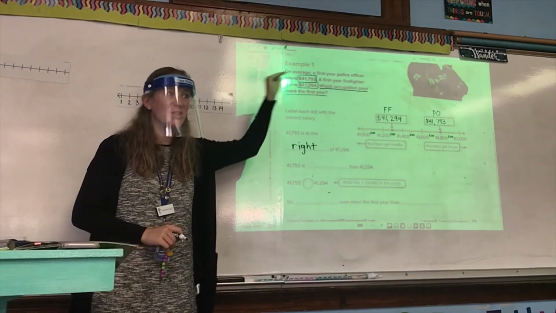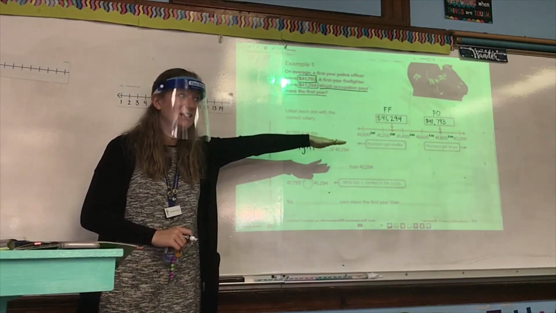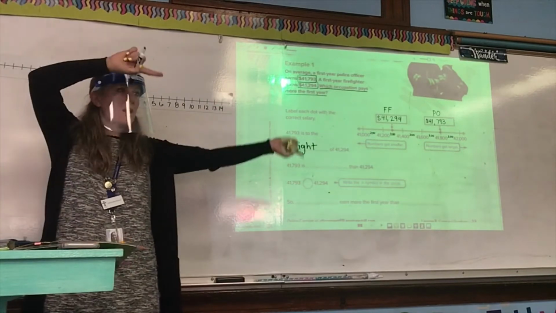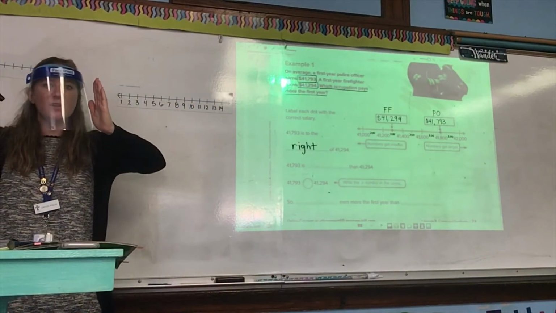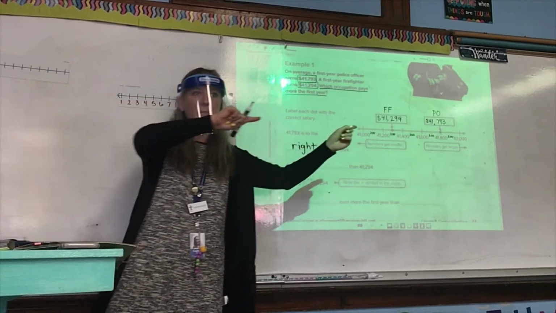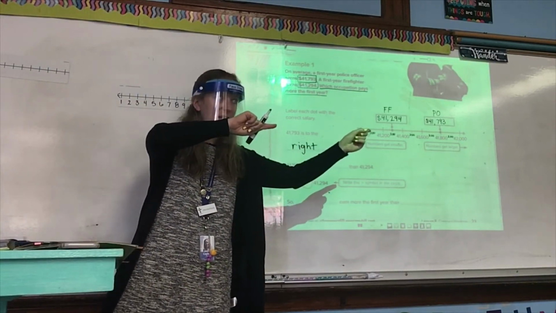So that means that if 41,793 is to the right on a number line, numbers get bigger as they move to the right. We start with small numbers on a number line, and then as we move to the right, they get bigger. Always, always, always.